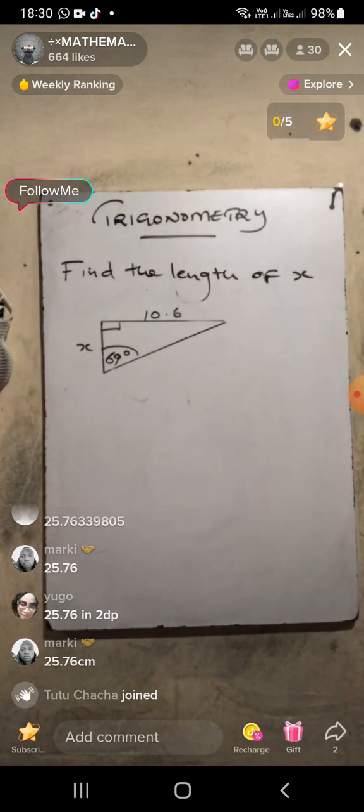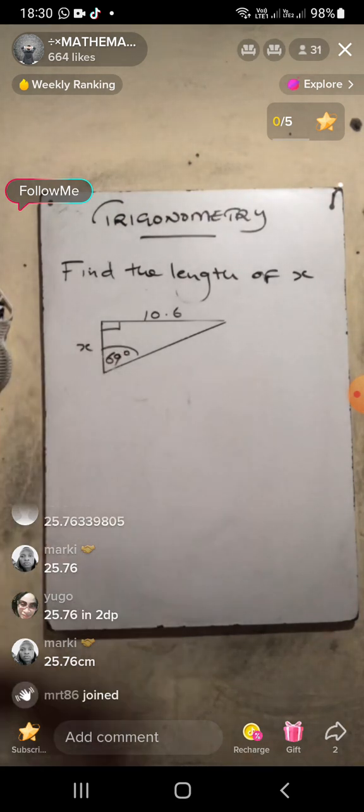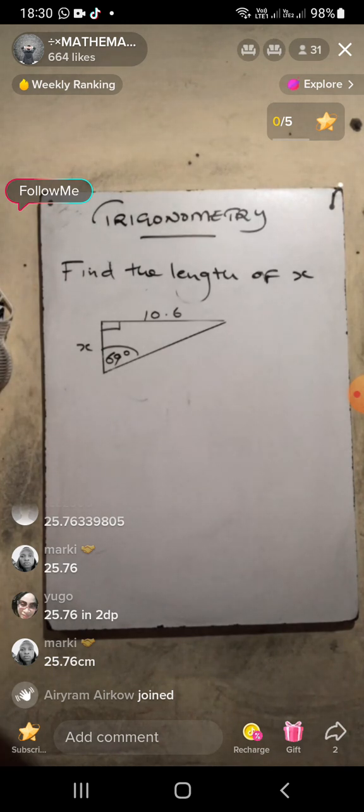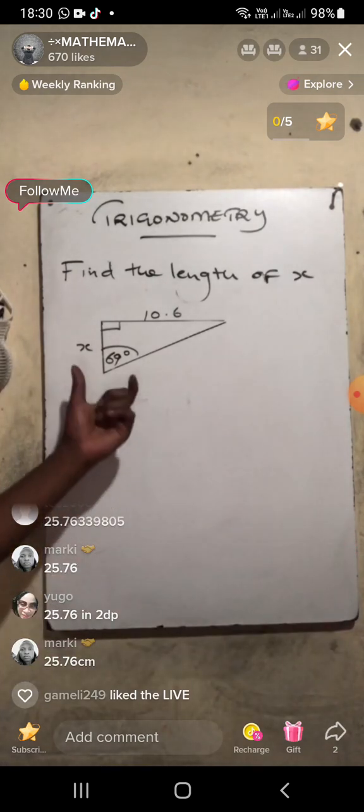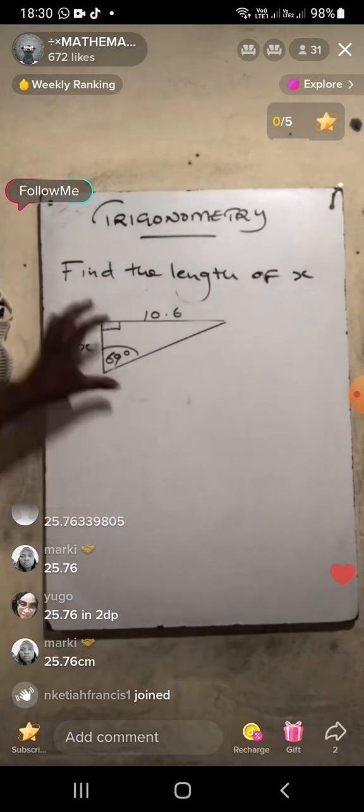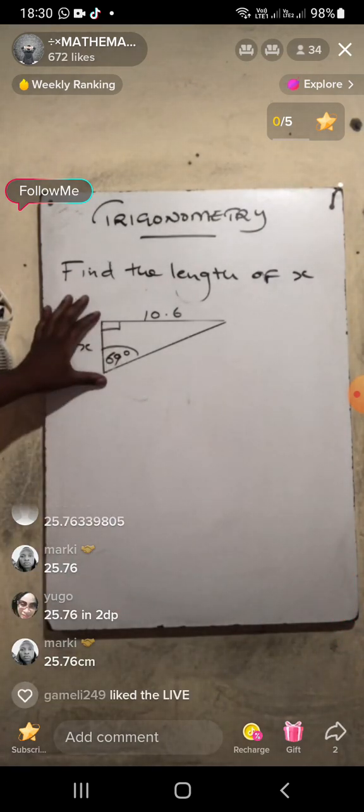So how do you find the other side? Which trigonometrical ratio are we supposed to use to find the length of this side?